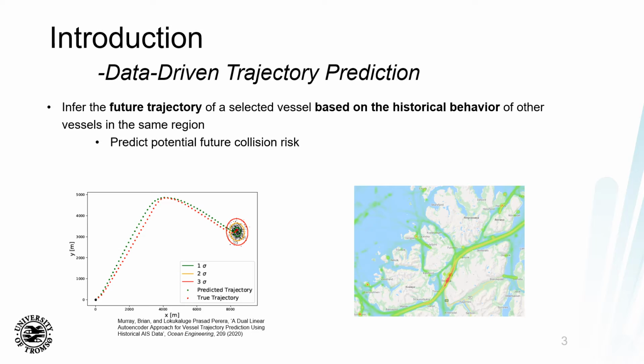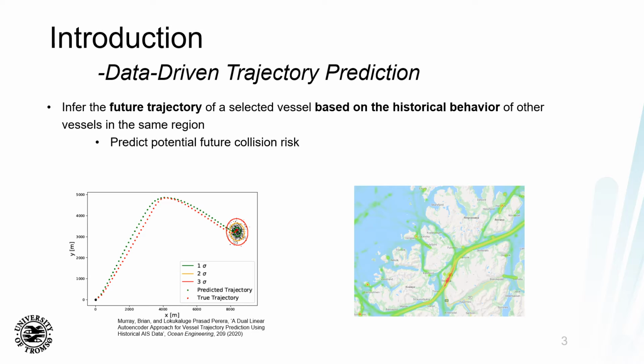So for instance, we can conduct a 30-minute trajectory prediction using only historical AIS data, and then this can aid us in providing navigators or potentially future autonomous vessels with a form of enhanced situation awareness. So for instance, here on the figure on your lower left here, we have an example from some work done.